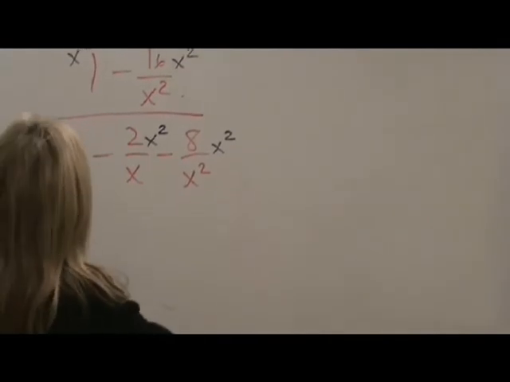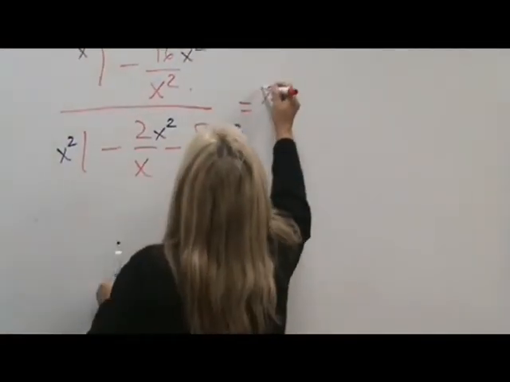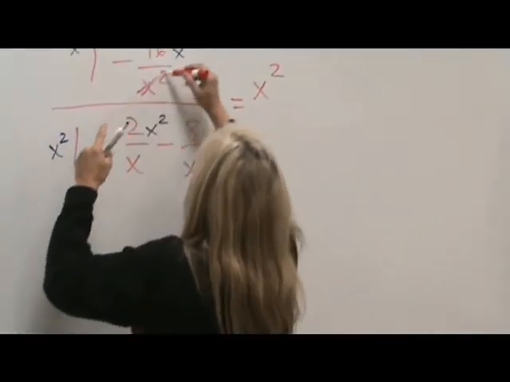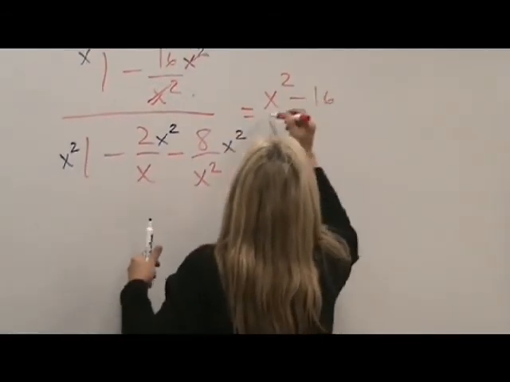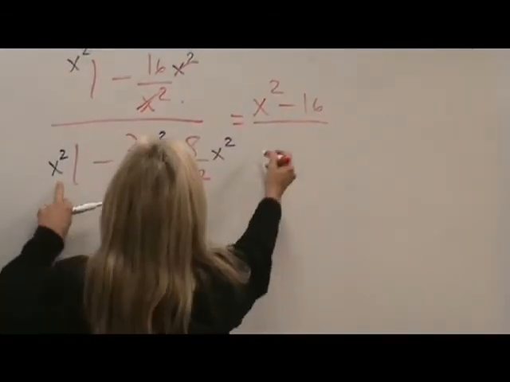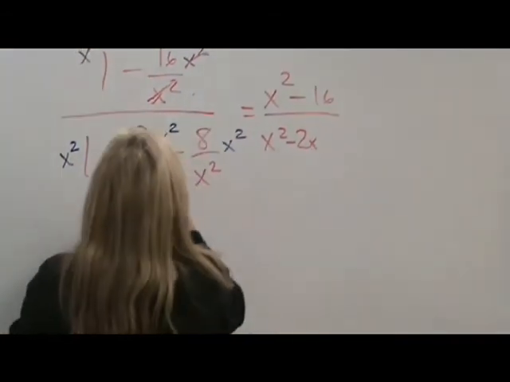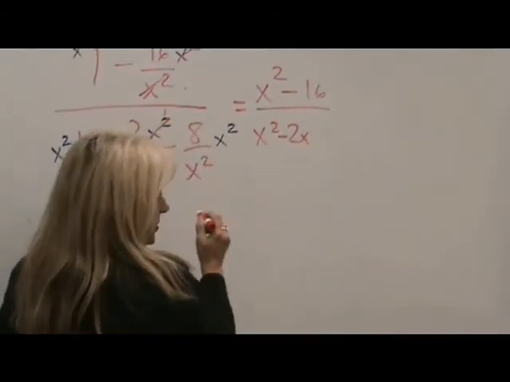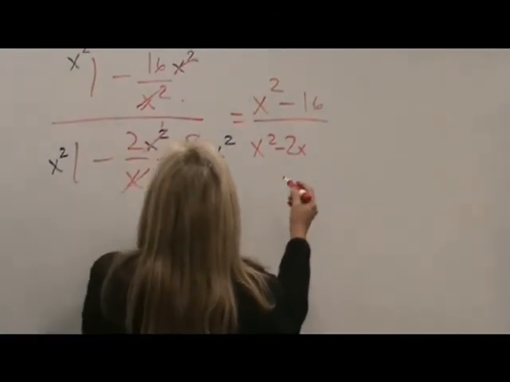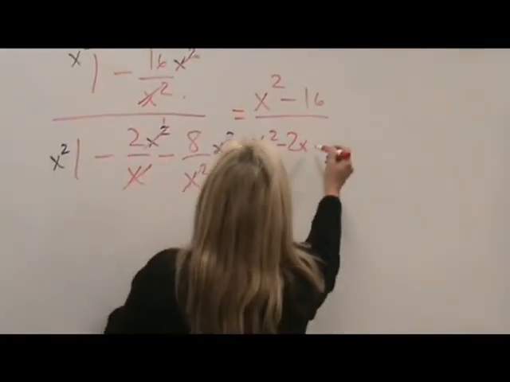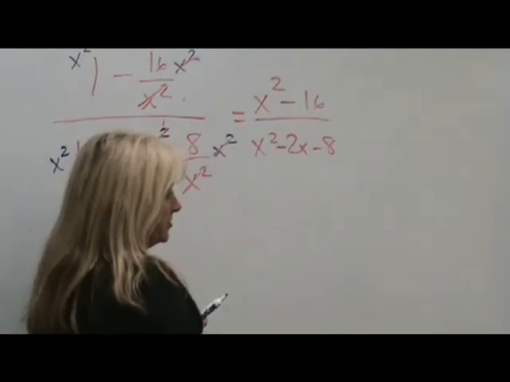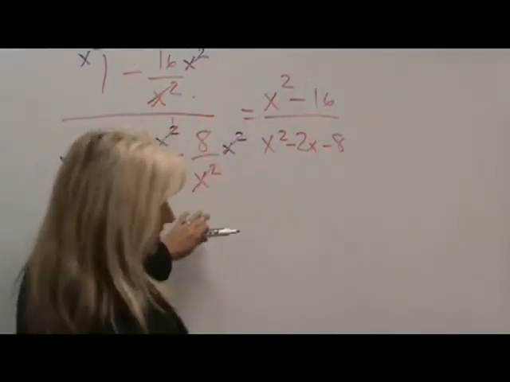And so we would end up with x squared, these cancel, minus 16 over x squared minus 2x, because we subtract them. And then my x squares go away, and I'm left with minus 8. So now that looks a heck of a lot better, doesn't it?